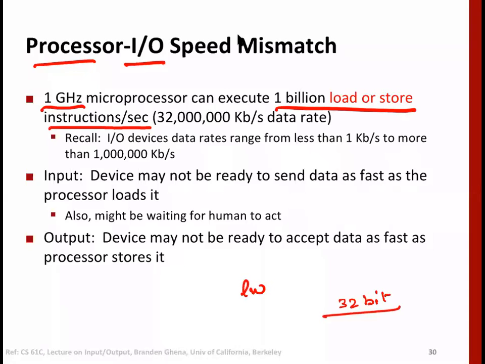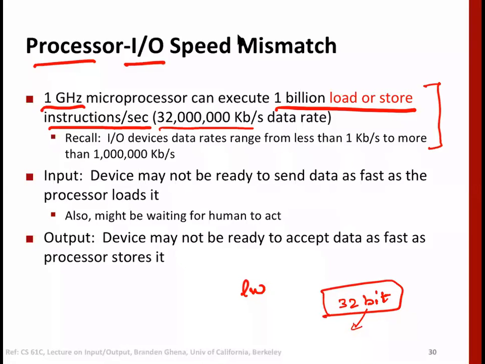So in one cycle we can transfer 32 bits of data between memory and CPU. So the data rate would be basically 32 gigabits per second. This is the maximum speed at which load and store transfer can be done between the microprocessor or CPU and memory.